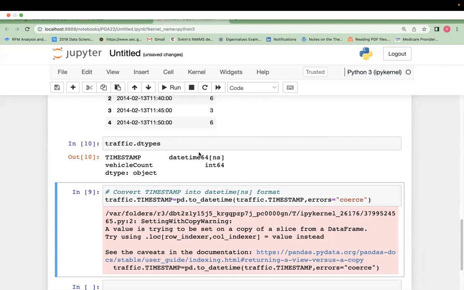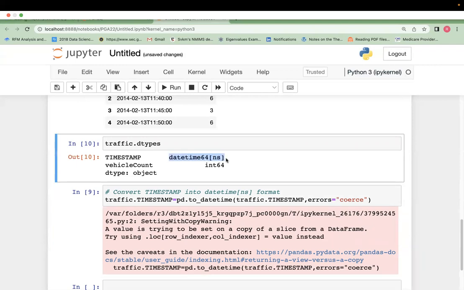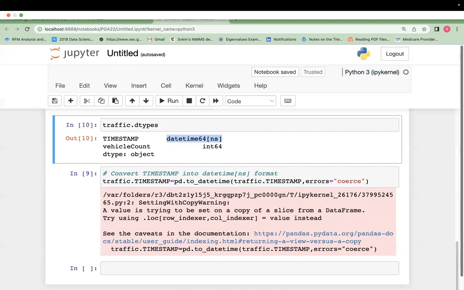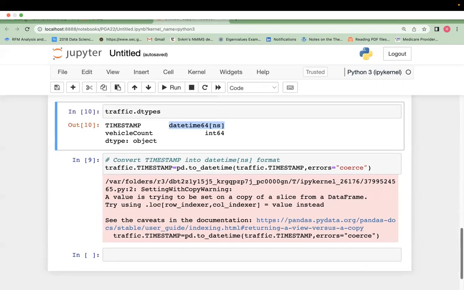Now, if I run the previous command again, you can see the date has been converted into datetime format. So pd dot to_datetime is a function that is used to convert from object type to datetime.